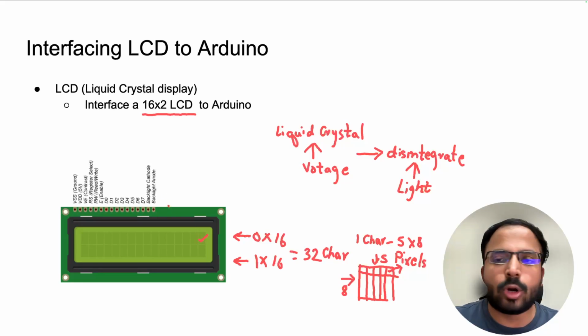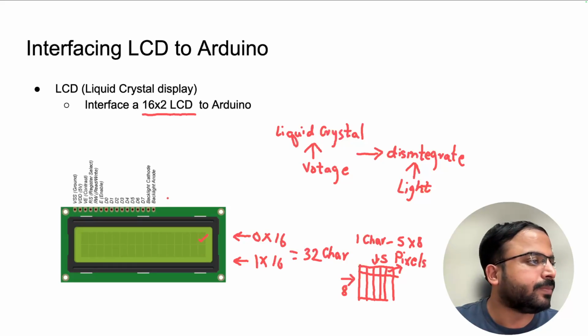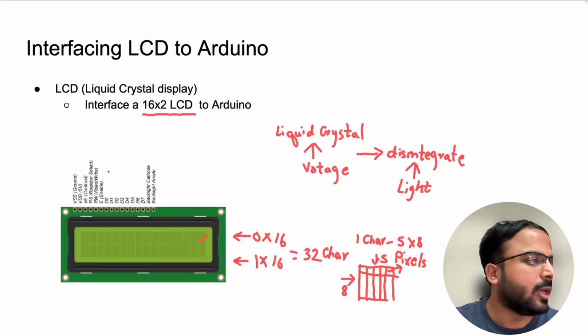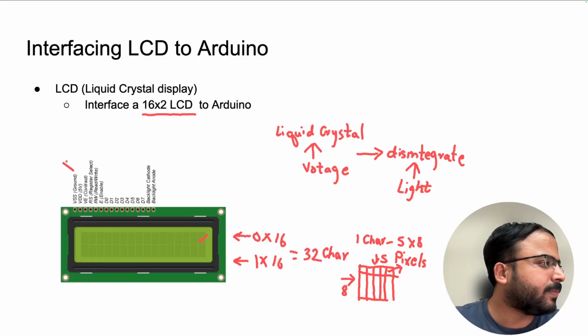So now let's see what pins are available on this LCD. Even if you take this physical LCD, which you can easily get online or from the market, you will see the same pin configuration. Here you can give 0 volt, the VSS, and this is 5 volts. Now this pin is used to set the contrast.